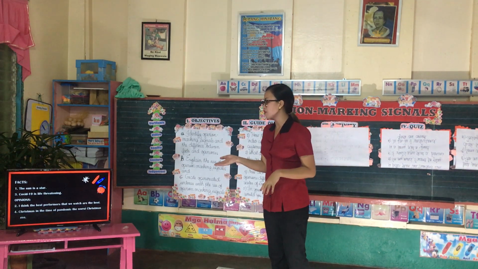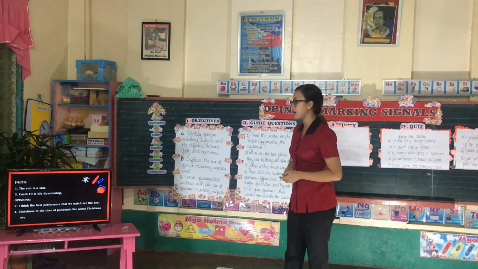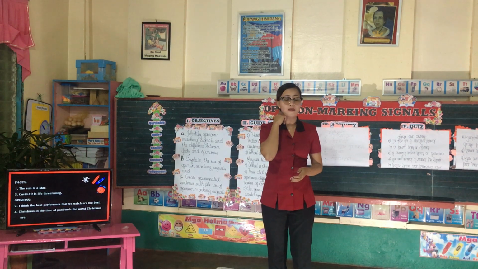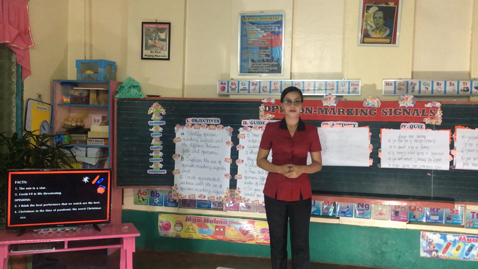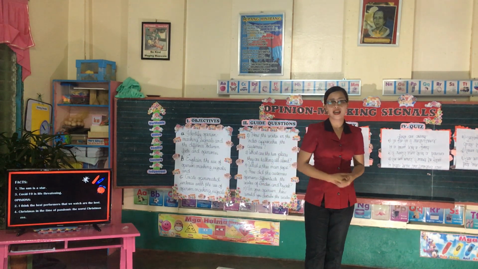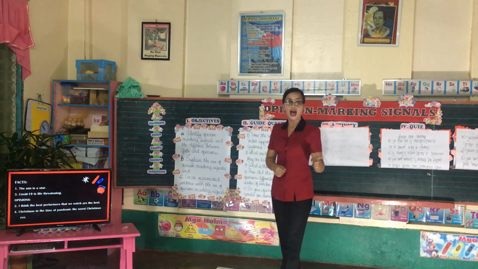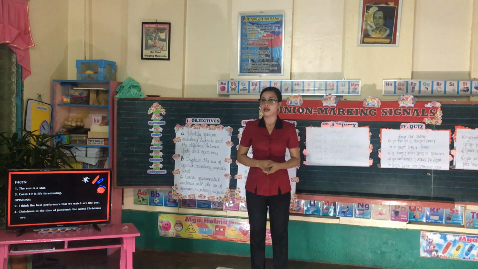Okay, number 2, I think the best performers that we watch are the best, and number 4, Christmas in the time of pandemic is the worst Christmas. How can we say so? Can someone tell me how we can say that these sentences are opinions? Very good. Yes, you have the idea. The second sentence is only based on someone's preference and idea of how the participants perform, not proven or tested by everyone.